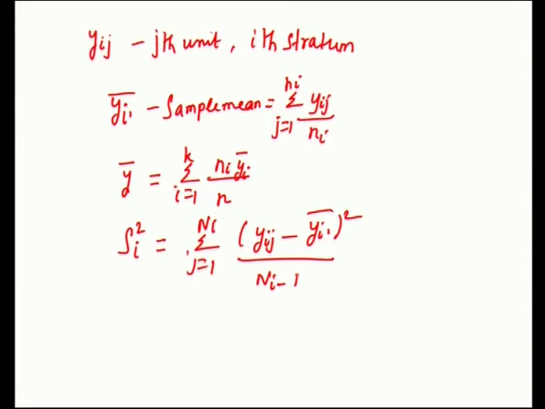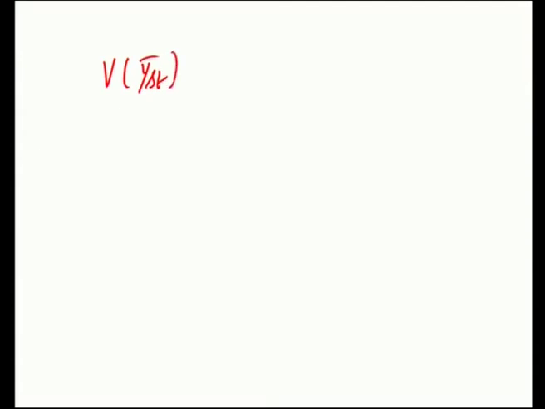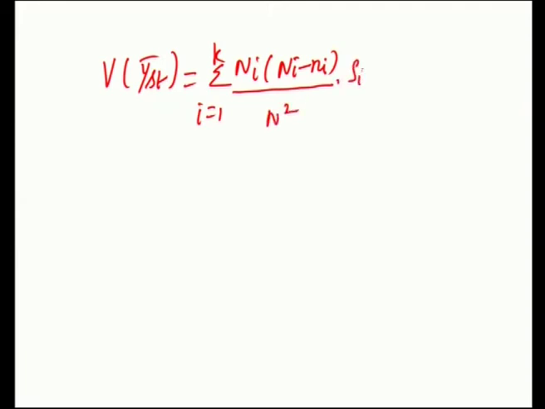For stratified random sampling without replacement, the sampling variance of Yst bar, the sampling variance of the mean y bar, is given by: since it is under stratified sampling, variance of Yst bar is equal to summation over i equal to 1 to k of Ni into (capital Ni minus small ni) divided by capital N squared into Si squared by small ni.